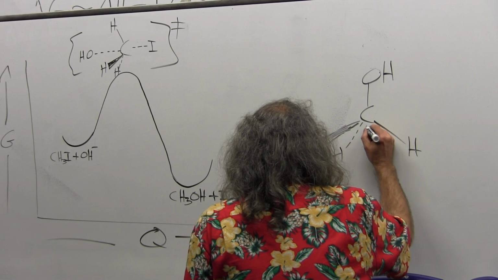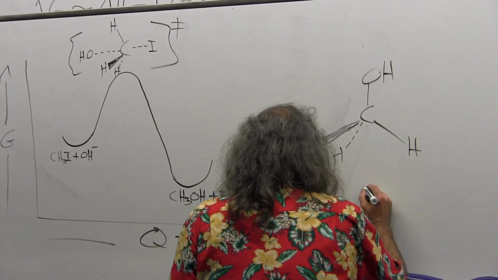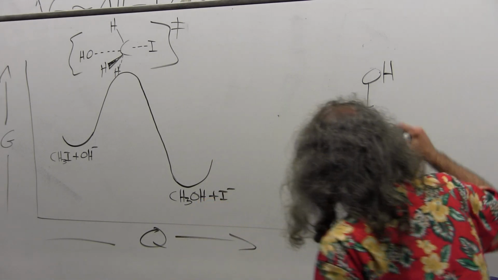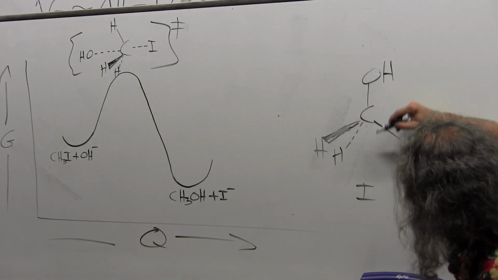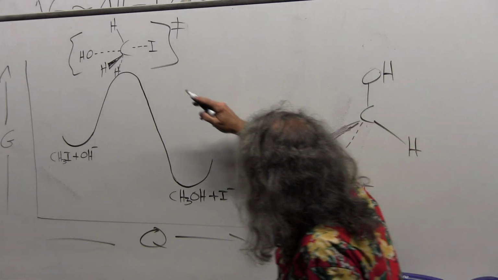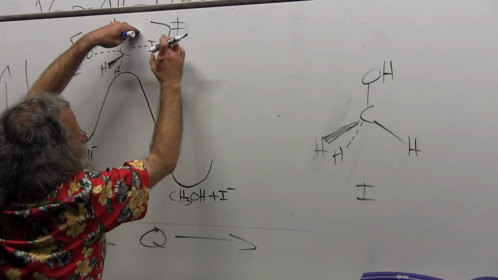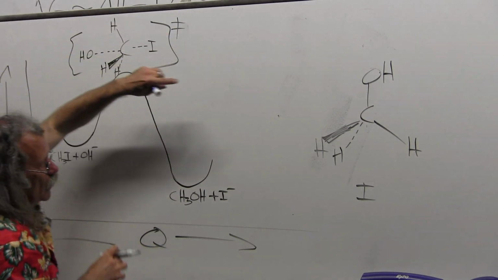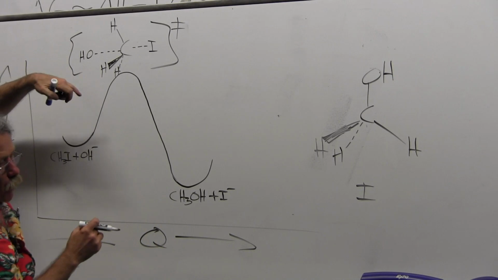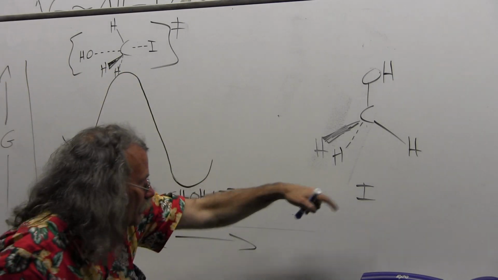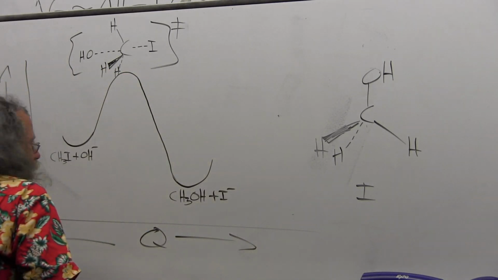And then the iodide would be here. Okay, so this would be the tetrahedral structure, and the iodide would have these bent around that way, the iodide would be further away, and it would look more like the product methanol. That's the product. This is the reactant.